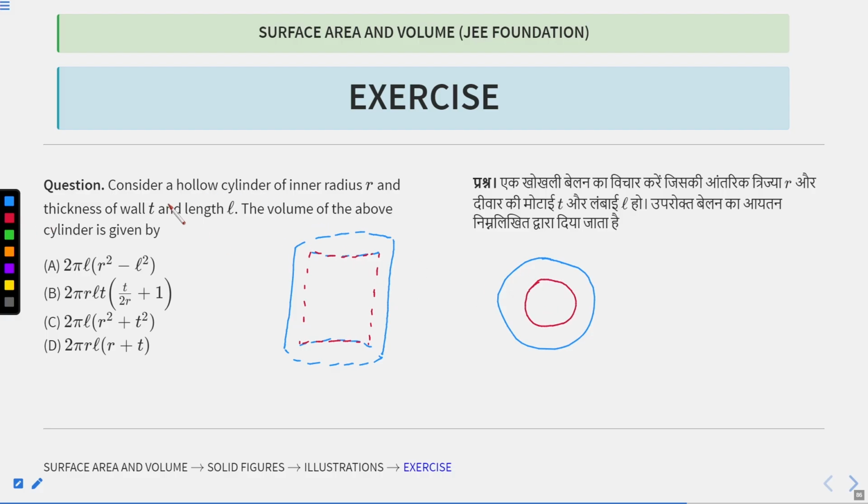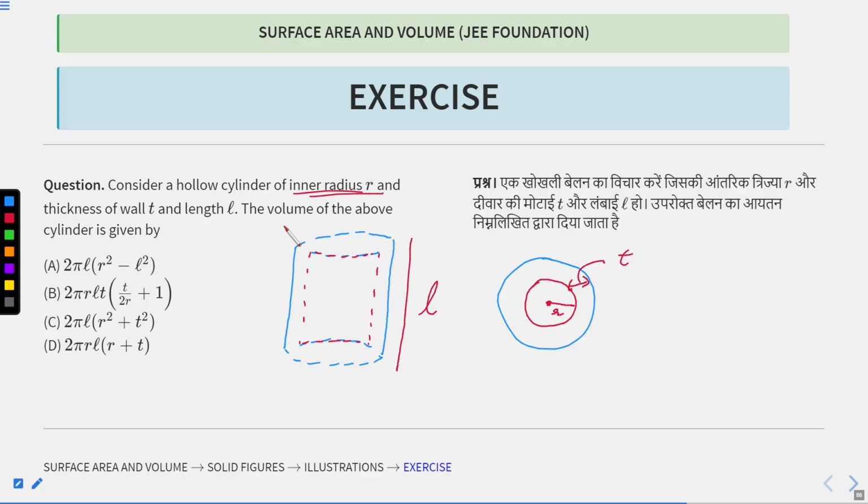We know the wall has thickness T, so this thickness is T, and the inner radius is r, that means this length is r, and the whole length of the cylinder is L. I hope this is clear.